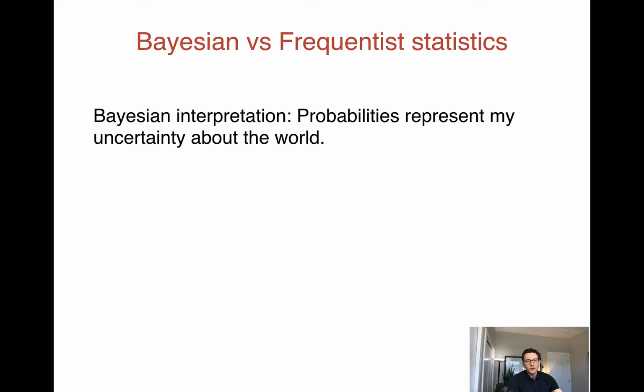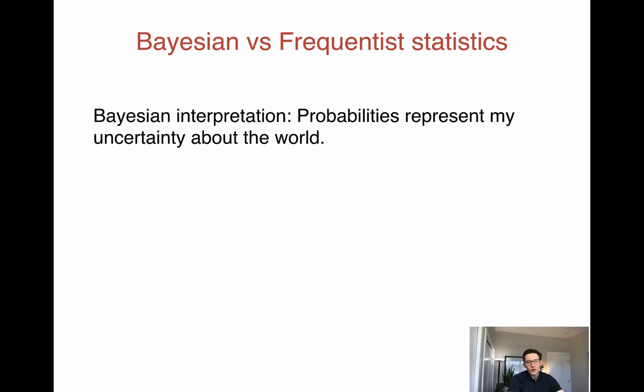Vice versa, if you flip the coin and you can see it, well, at that point, given your knowledge, the probability that x equals heads is 1, the probability that it's tails is 0. So probabilities represent my uncertainty about the world. And I can express uncertainty about everything in the world. For example, what is the probability that eating hamburgers increases my risk of cancer? Well, I can assign some probability to that, maybe, let's say 80%, based on what scientific literature I've read.